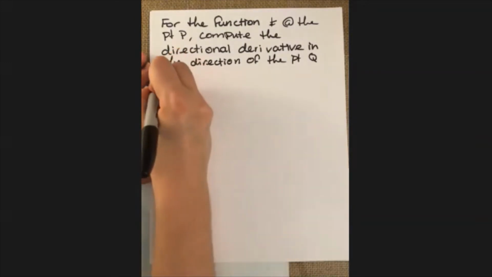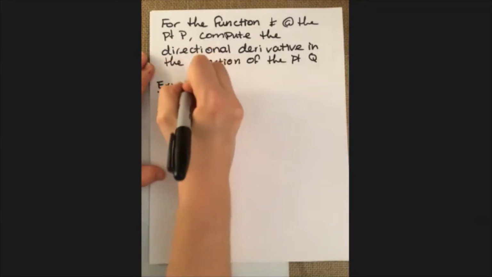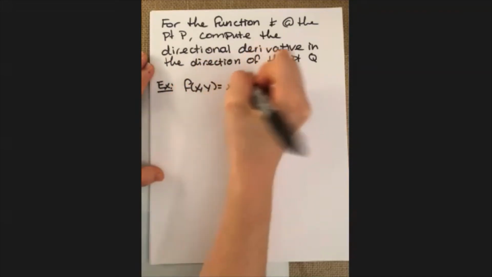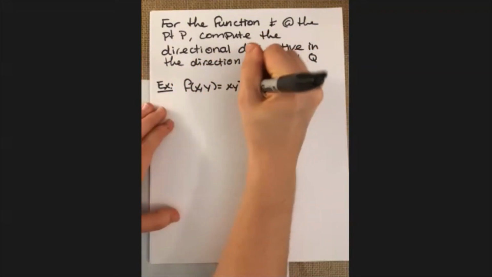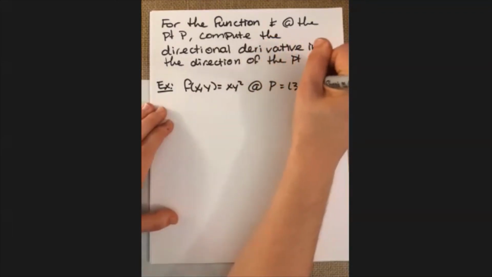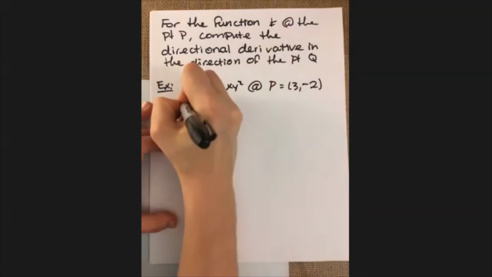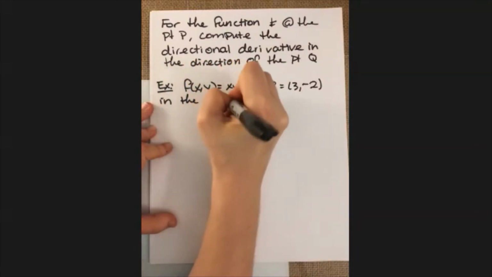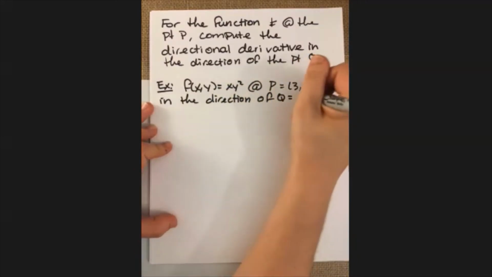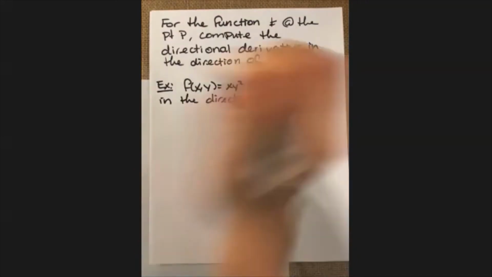In our first example here, we're going to use f of x, y equals xy squared, at the point p equals (3, -2), and in the direction of q equals (4, 0).